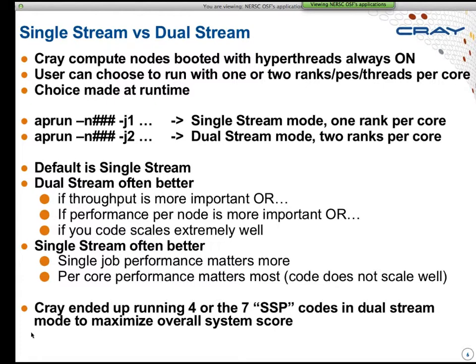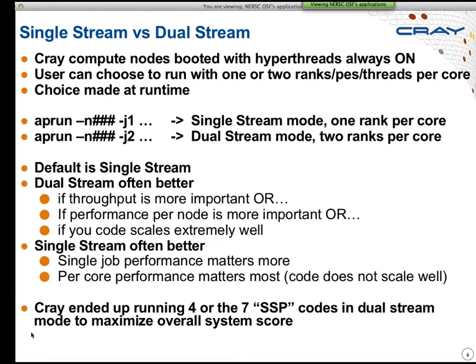Cray was looking at this, and it was decided pretty early on that there's no reason to shut them off. It's an additional capability that you can choose to use, and we can give that choice not on a boot time basis, not on a reservation basis, but on a runtime basis on an aprun line. So we added an option to aprun. -j1 is single stream mode, which is one rank per core.